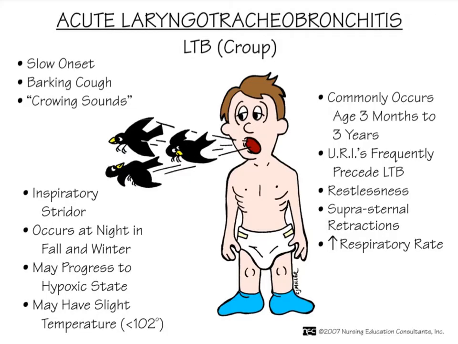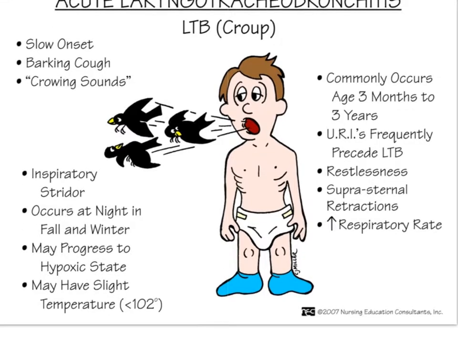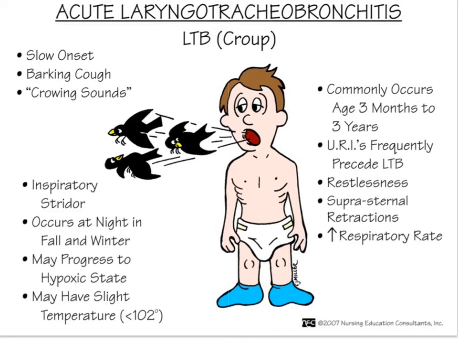So this is a nice little cartoon that gives you all the signs and symptoms and a little bit of the etiology of laryngeal tracheal croup. You can look at it and it shows the onset, a slower onset, and what kind of things we're going to hear or see with our assessment. So you can see the retractions, and you could have restlessness, and they're going to have an increased respiratory rate.